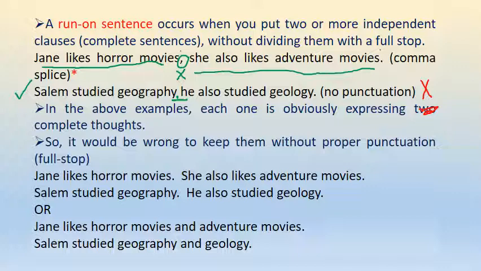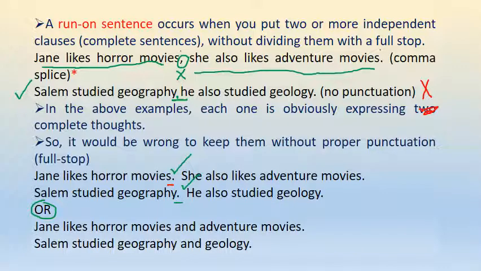For example, Jane likes horror movies. Full stop. She also likes adventure movies. So what I can do here is put a full stop to divide them. Salim studied geography. Full stop. He also studied geology. Or I can add a conjunction.